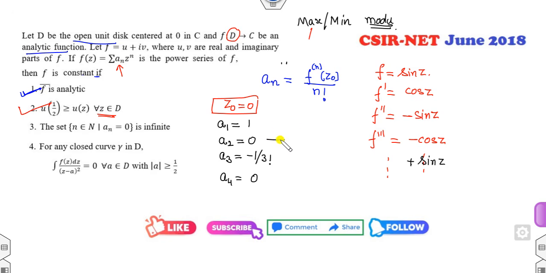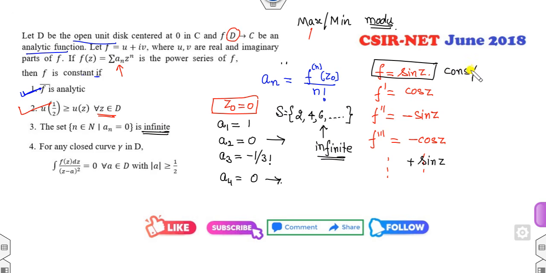So the even coefficients will be 0. What is the set? 2, 4, 6 and so on. Is it infinite? Yes, this is an infinite set of even numbers. So this property is satisfied. But is my function constant? It is not constant, so this option is cancelled.